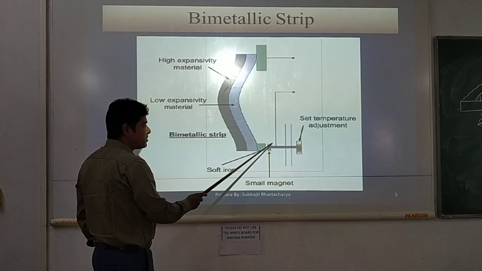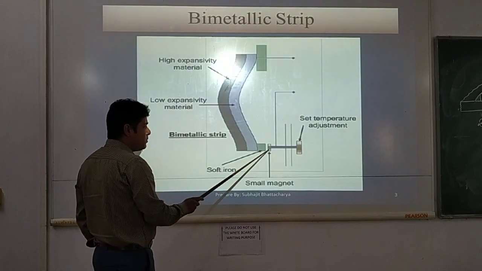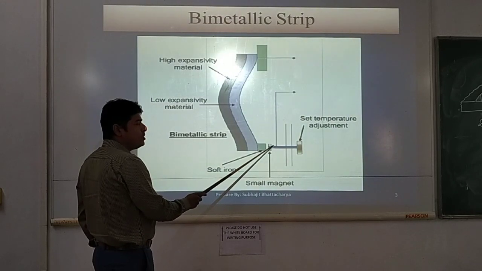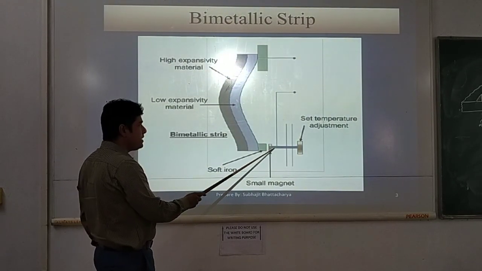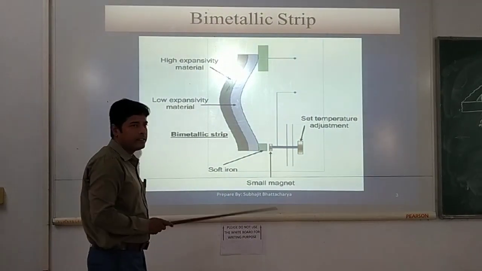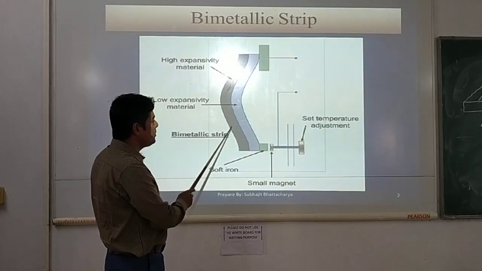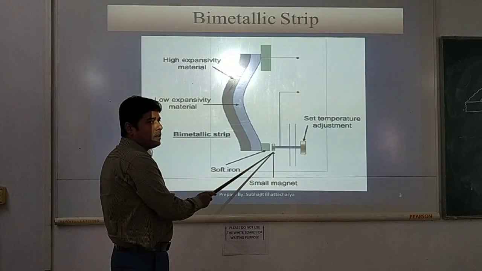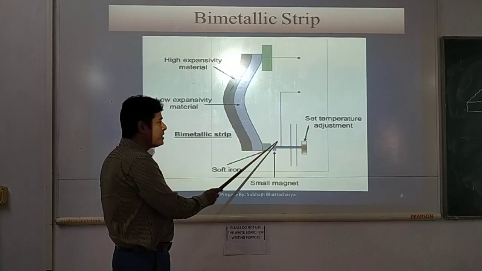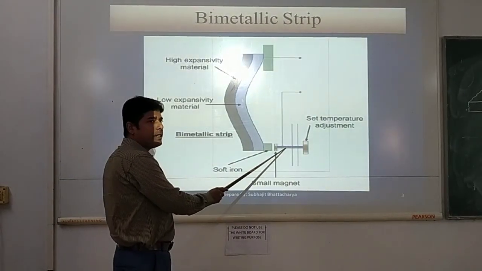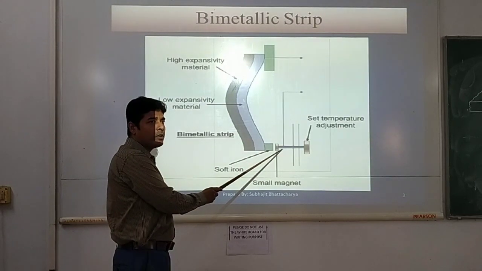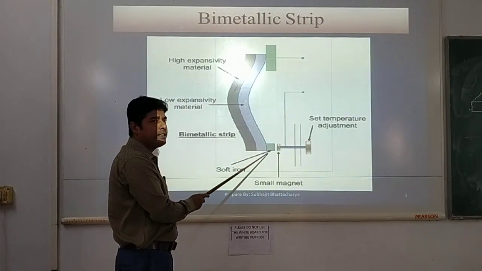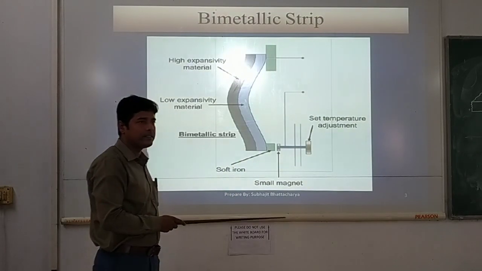By rotating the screw, we can move this small magnet in either direction, and actually set the temperature. Suppose we are setting the temperature at 80 degrees Celsius. When it reaches 80 degrees Celsius, there will be a touch. If it is to touch at a higher temperature, then it is moved in this direction, so that at a higher temperature it will touch. These graduations are calibrated against temperature, and accordingly we can set it.